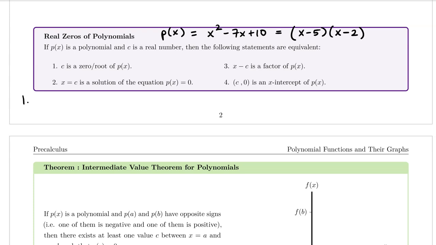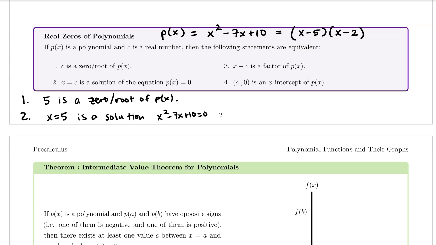So let's just work with 5 for now. So if I wanted to write the first statement, I could say 5 is a 0 or root of this polynomial p of x. The second statement is I could say x equals 5 is a solution of the equation x squared minus 7x plus 10 is equal to 0.